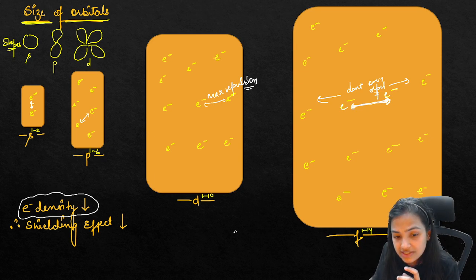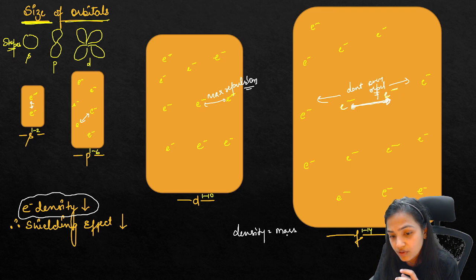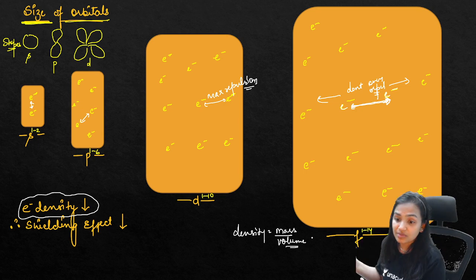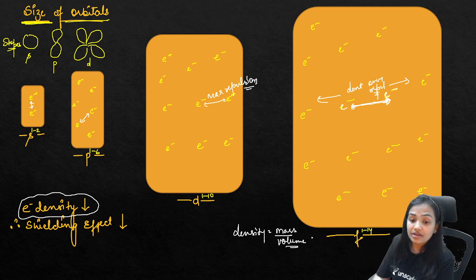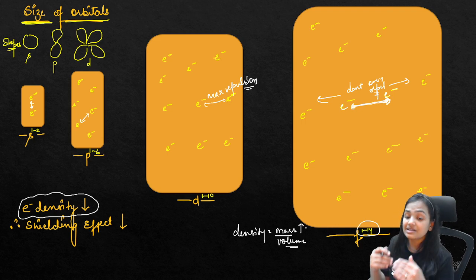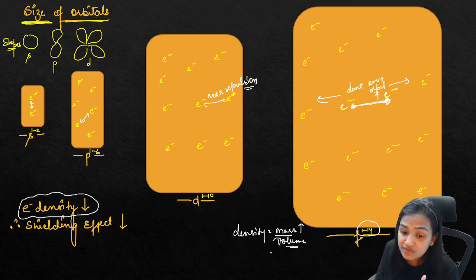Do you know what density is? Density is equal to mass upon volume. You would say, ma'am, in the f orbital there are 14 electrons. Yes, that's true, the mass is so high. But relative to that mass, the volume is also very high.